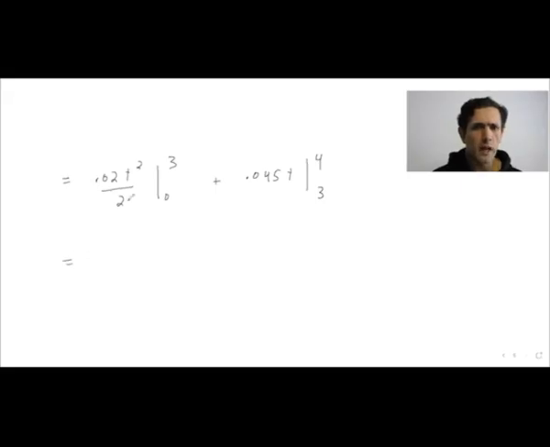Well, this is going to be 0.02 times 3 squared over 2 plus 0.045 times 4 minus 0.045 times 3. Or if you want, you can do these in definitely simpler ways, but whatever.